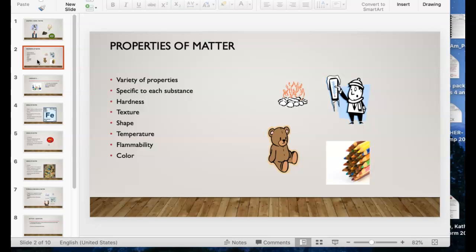Flammability, is it flammable or not? The temperature of it at room temperature, or does the temperature change over time? That's another way of talking about temperature, as well as the texture and the hardness. Is it soft, hard? Is it fluffy? All sorts of things. So these are 6 key properties to be aware of that help us to identify matter by these 6 physical properties.